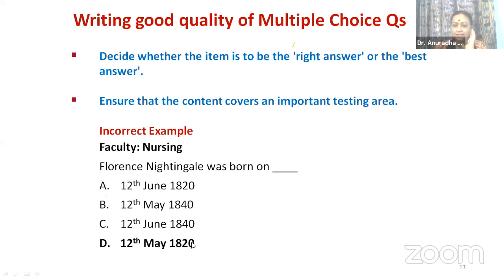Now, truly, is it really important for the student to remember that she was born on 12th May and not on 12th June? Is that significant? Or is what her contribution was much more significant? So let us see to it that the content covers an important testing area. Let us be convinced that what we are asking is not just to fill up the number of questions as per requirement, but something that is an important testing point.